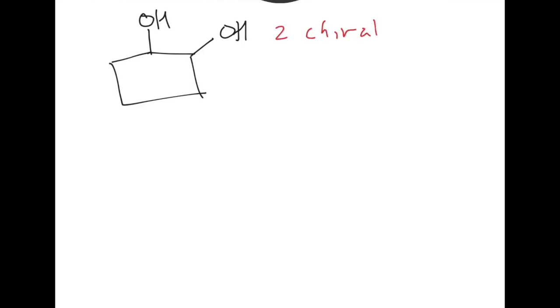So if you looked at, let's say, this, before you put any wedges and dashes on it, you can say, I've got two chiral carbons, but I have a plane of symmetry right there.